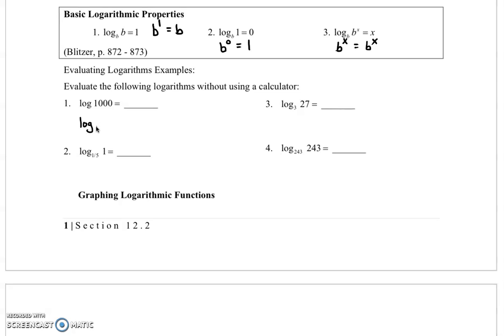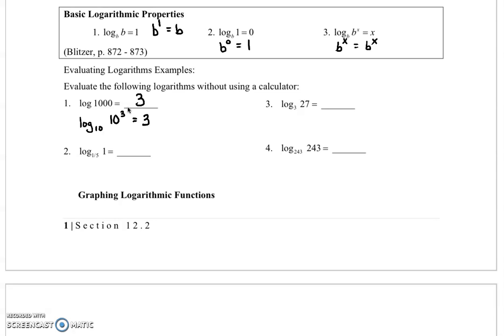So log base 10, now the question is, we have property number 3. Can we rewrite 1000 as a power of 10? Yes, we can. It's 10 cubed. And so by property number 3, that has to equal 3. So the log of 1000 equals 3.